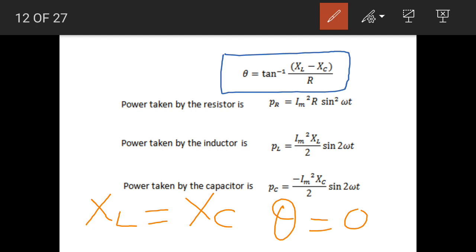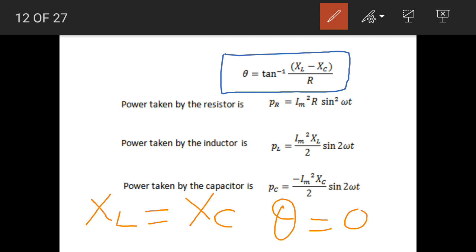Under resonance condition, the impedance of the series combination is minimum, the current in this series combination is maximum, and the circuit behaves like a pure resistive circuit. So if XL is equal to XC, this circuit will be under resonance condition. The circuit will be known as resistive circuit. The phase angle will be 0. The current will be in phase with the applied voltage.